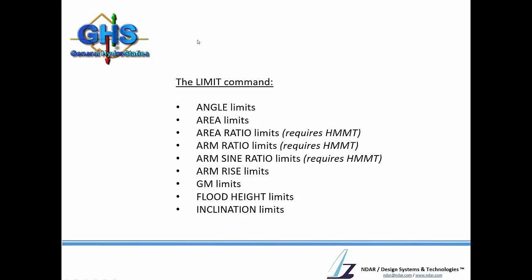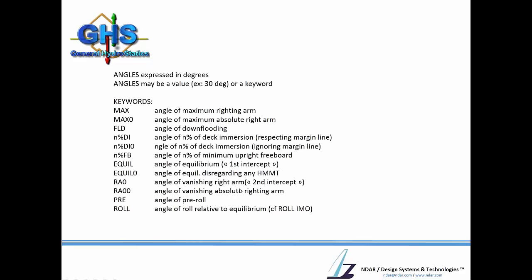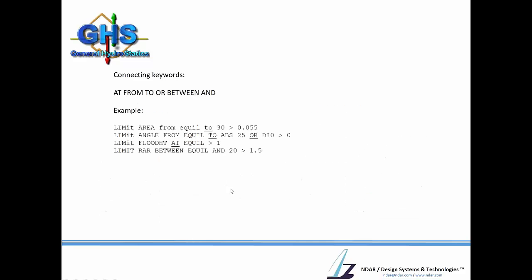Again, if I may summarize: angles, area ratio, arm sine ratio, arm rise, GM limits, flood height, inclination. And then I mentioned earlier all the keywords that are available, and those are just a mention about the connecting keywords that I was mentioning earlier.